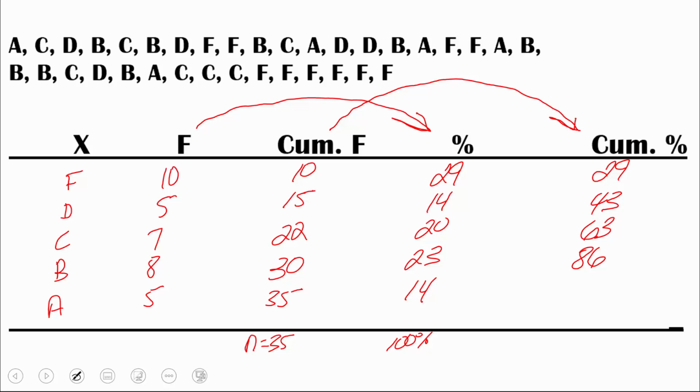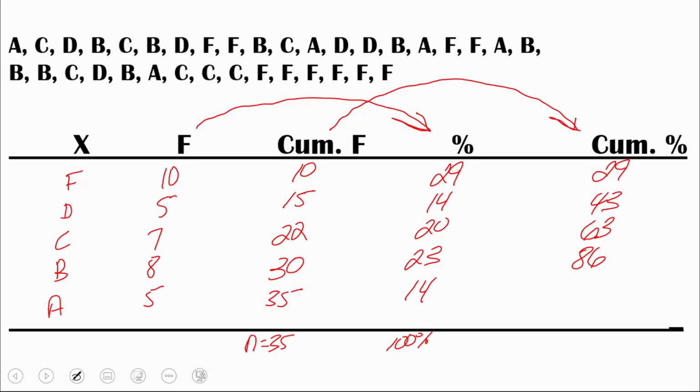Think now about that cumulative frequency at the A level. That will tell us the proportion of students, the percentage of students who earned an A or less. All grades represent the categories A or less. So that should always equal 100%. Let's see if our numbers work out that way. 86% of the students scored a B or less.